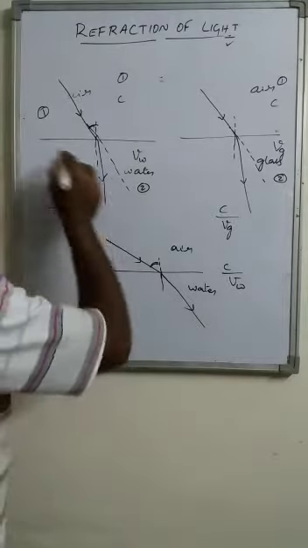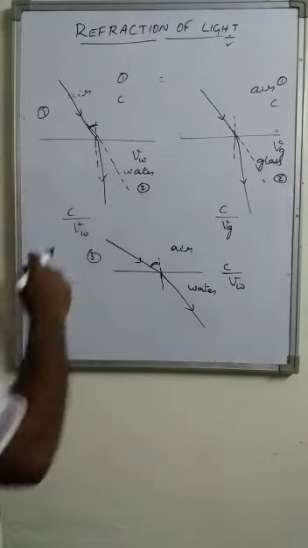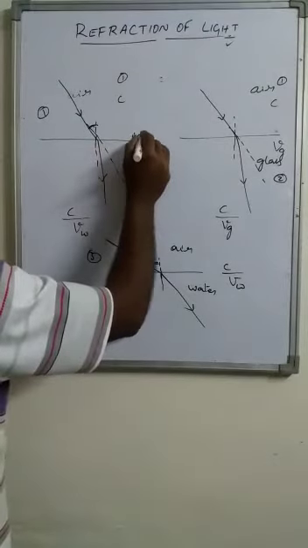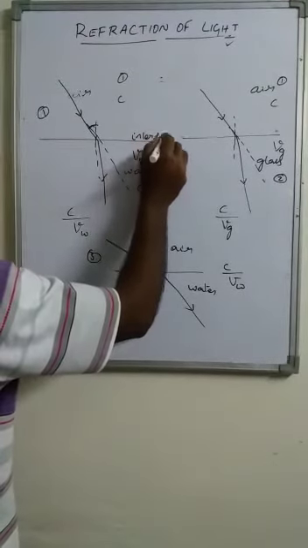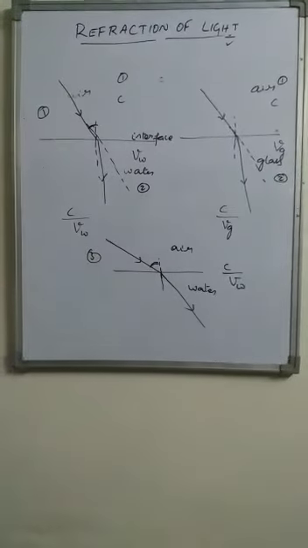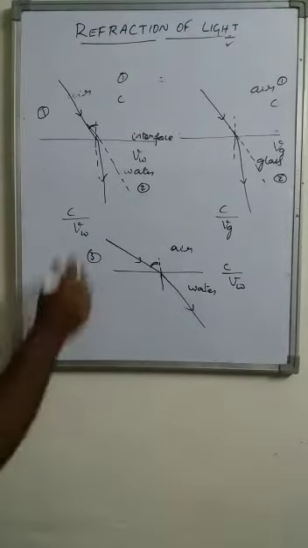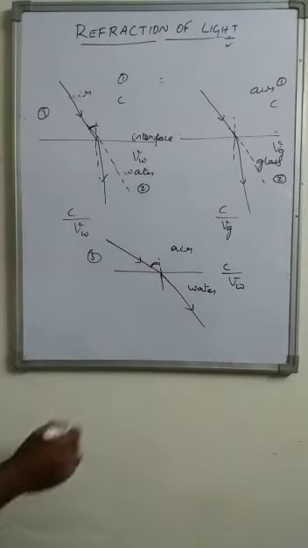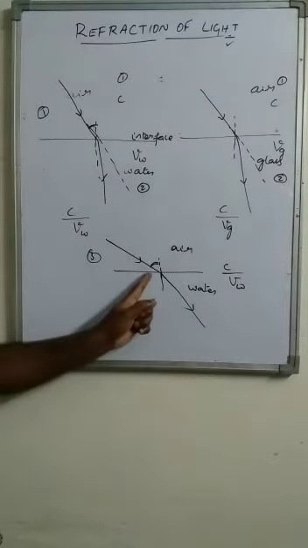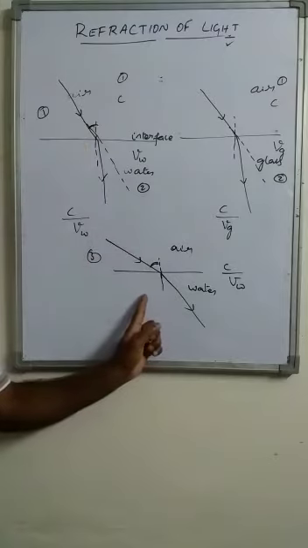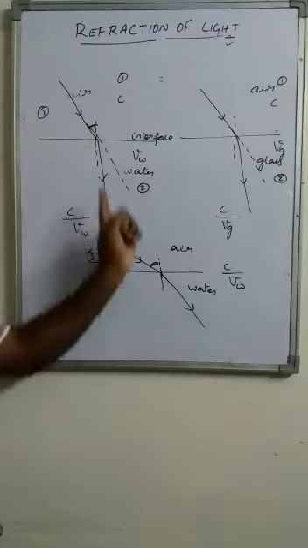The term which we have to use is interface. Interface means the surface which separates two media. The angle at which the light ray strikes the interface is different. Remaining thing is same.